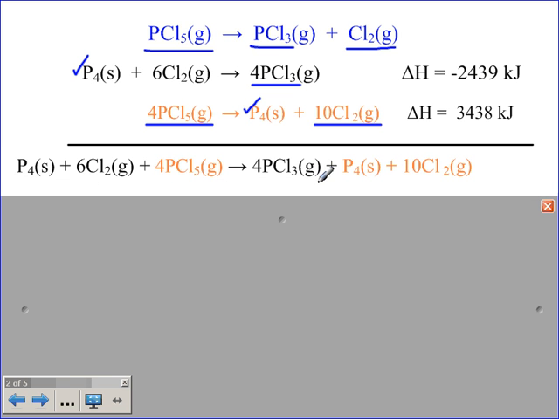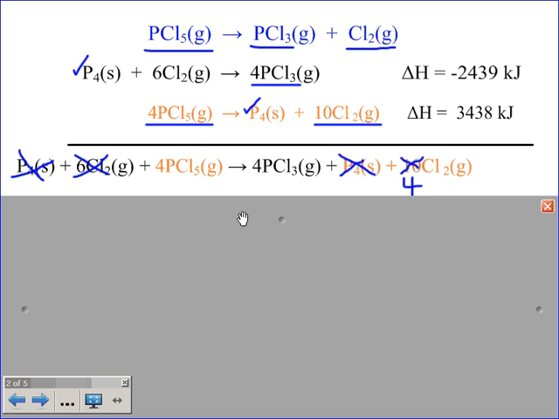And when I do that, I get this big long equation. I can now go through with a little algebra and say, if I treat the arrow like an equal sign, that P4 on both sides disappears, and these 6 chlorine over here disappear, and they take 6 chlorine over here with them. That leaves me 4 chlorine on this side.